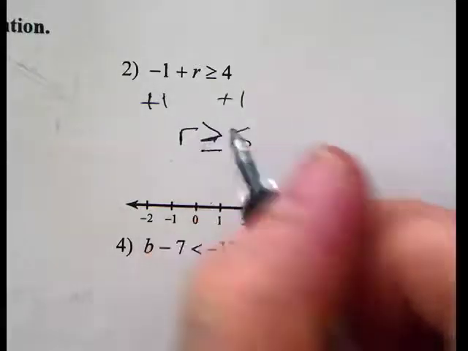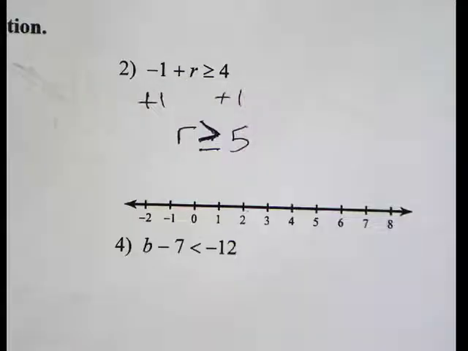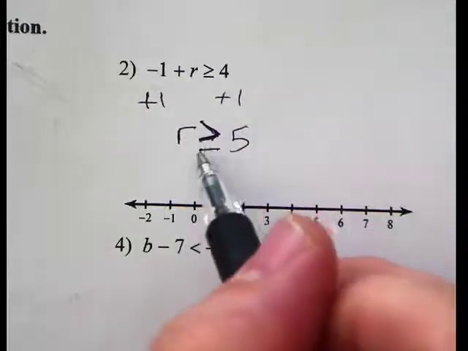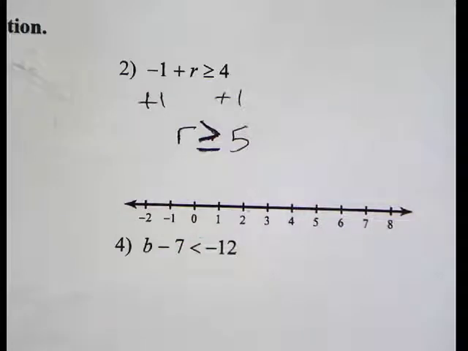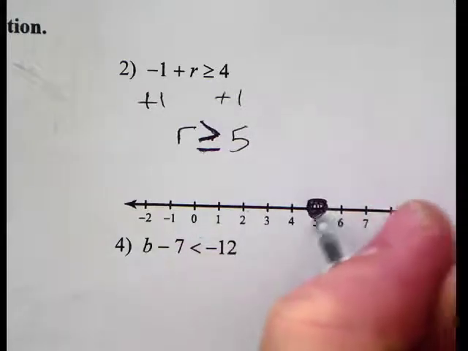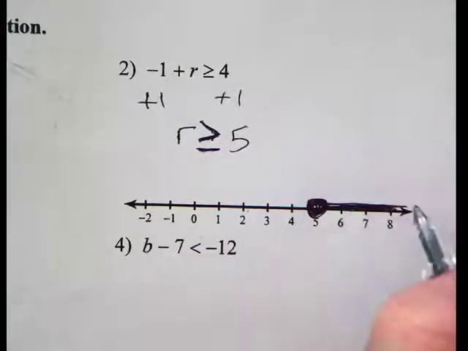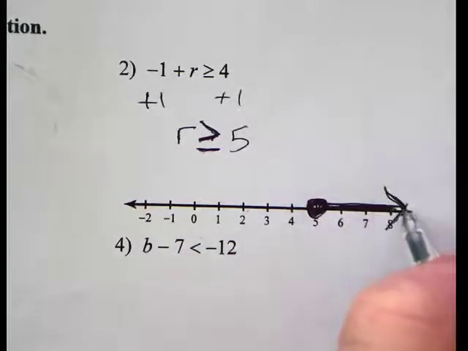Now it's pointing to the right like that, so I need to shade everything to the right. But it has this equal sign here too, which means it's a filled in circle. And then we shade everything to the right.